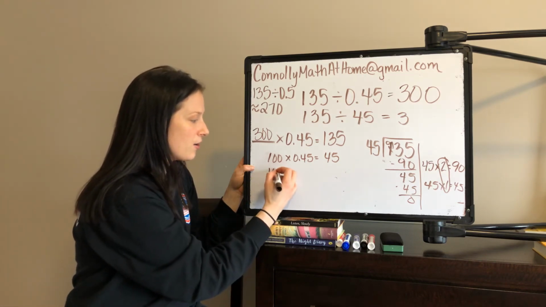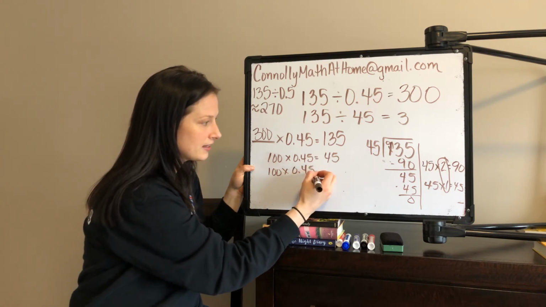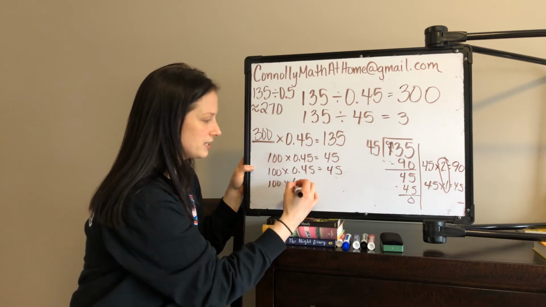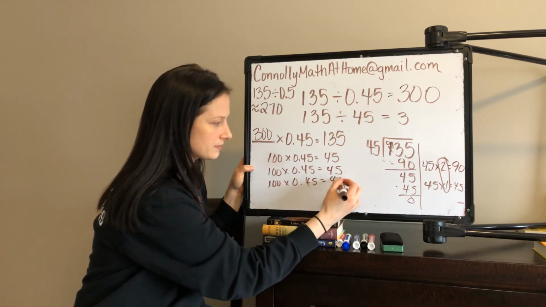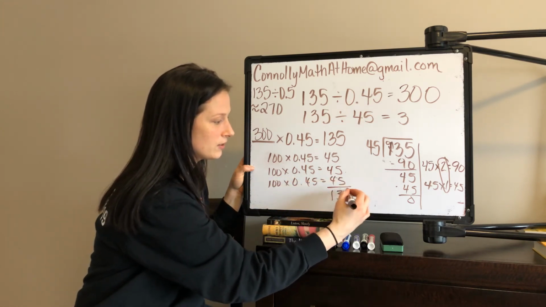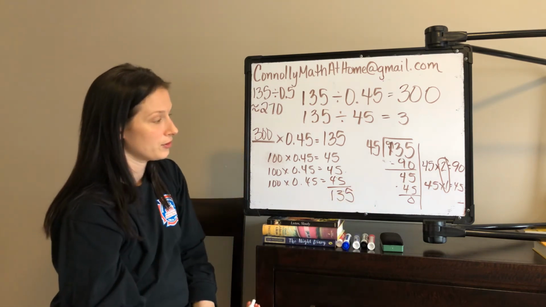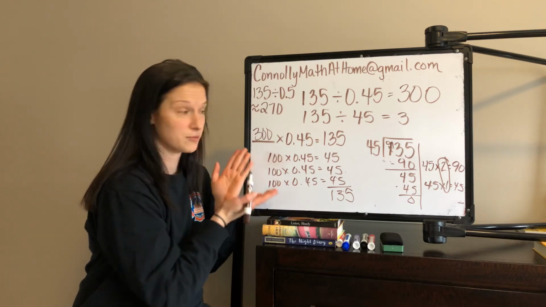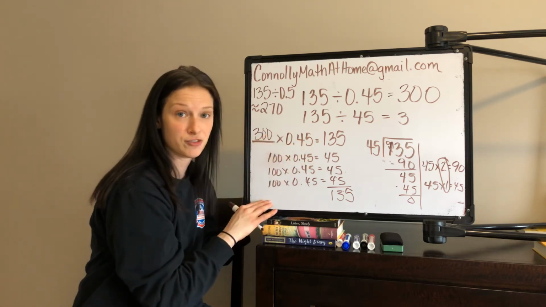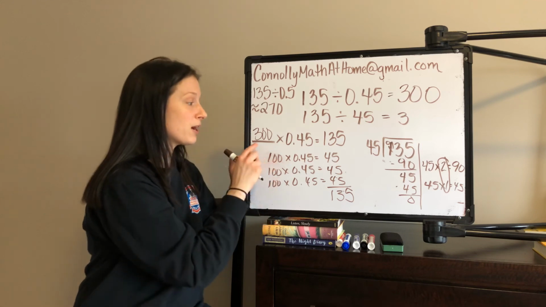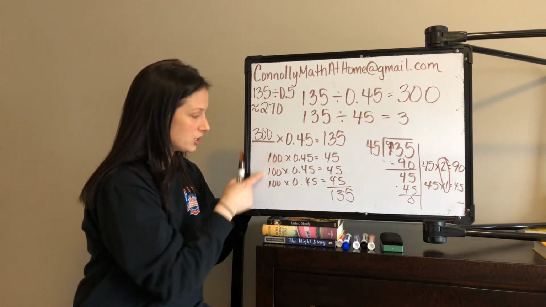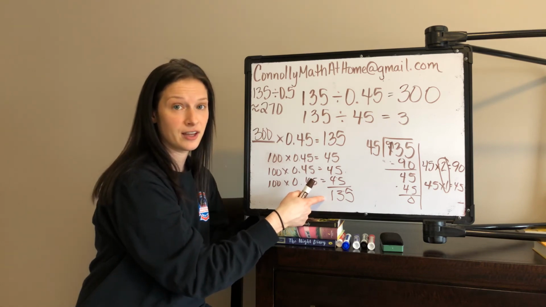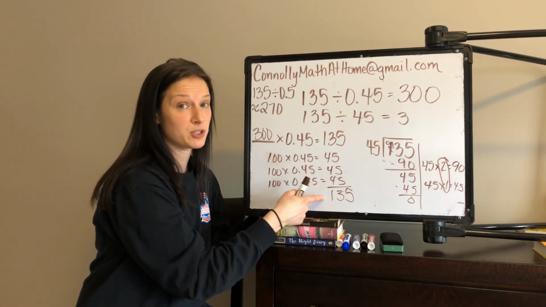So I know if I do that 300 times, that's going to equal 135. Okay, so instead of doing the standard algorithm, I chose another strategy for checking my multiplication. I want to make sure that it made sense that 300 times 45 hundredths was 135. Okay, so I double checked my multiplication.